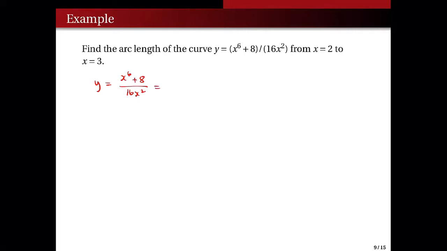Let us just simplify this. We can write this as x to the 4 over 16 plus 8 over 16, that's 1 over 2, so 1 over 2x squared. So that's the simplified version. Or you can rewrite this as x to the 4 over 16 plus x raised to negative 2 over 2.